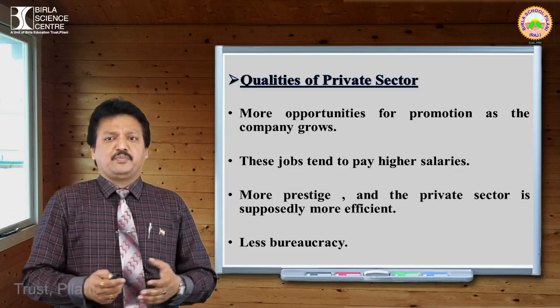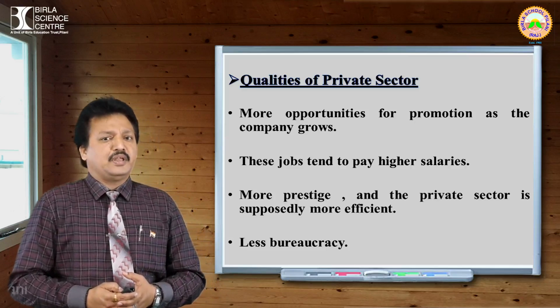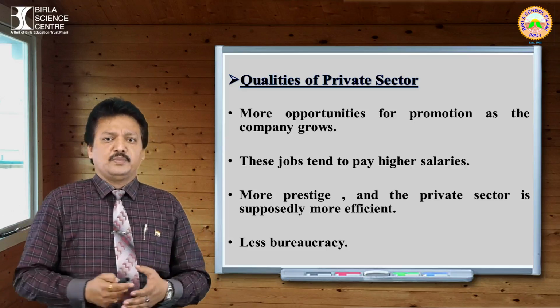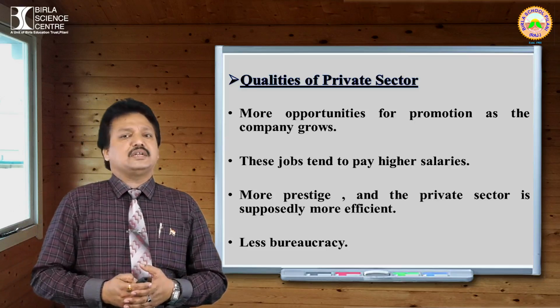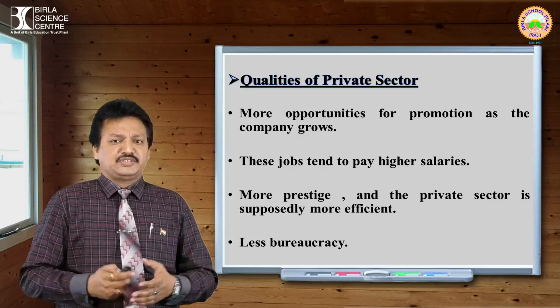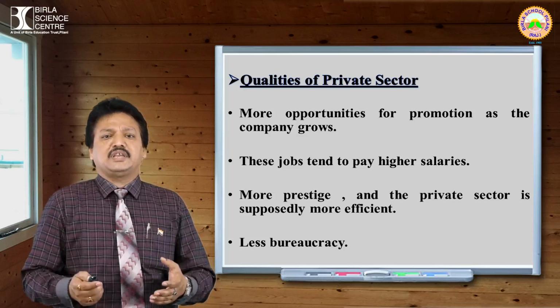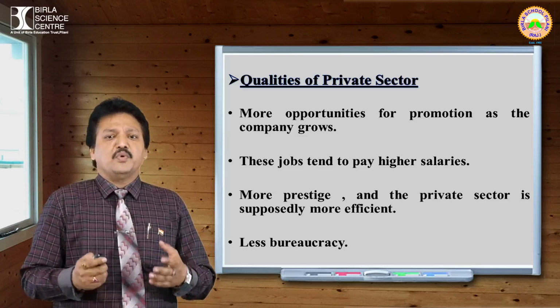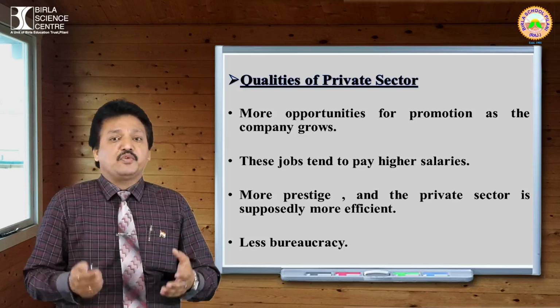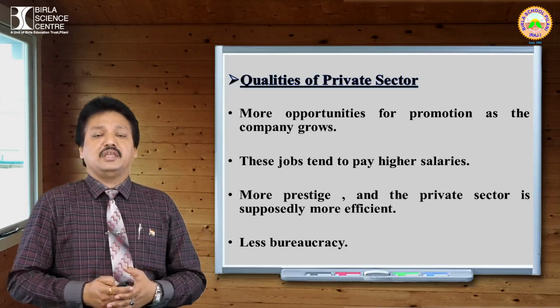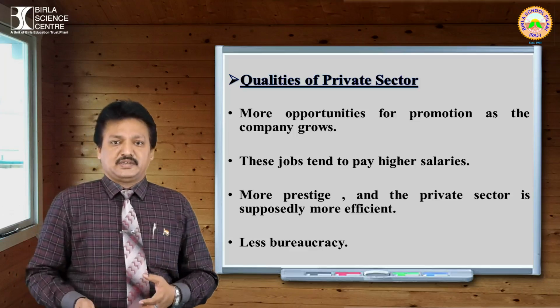More opportunities for promotion as the company grows. These jobs tend to pay higher salaries, more prestige, and the private sector is supposedly more efficient, with less bureaucracy. These all are the qualities in private sector.